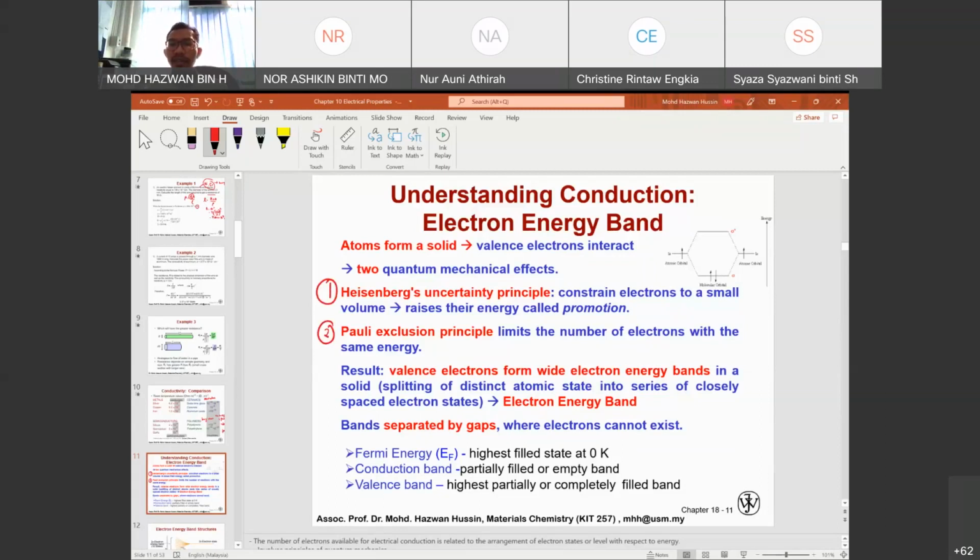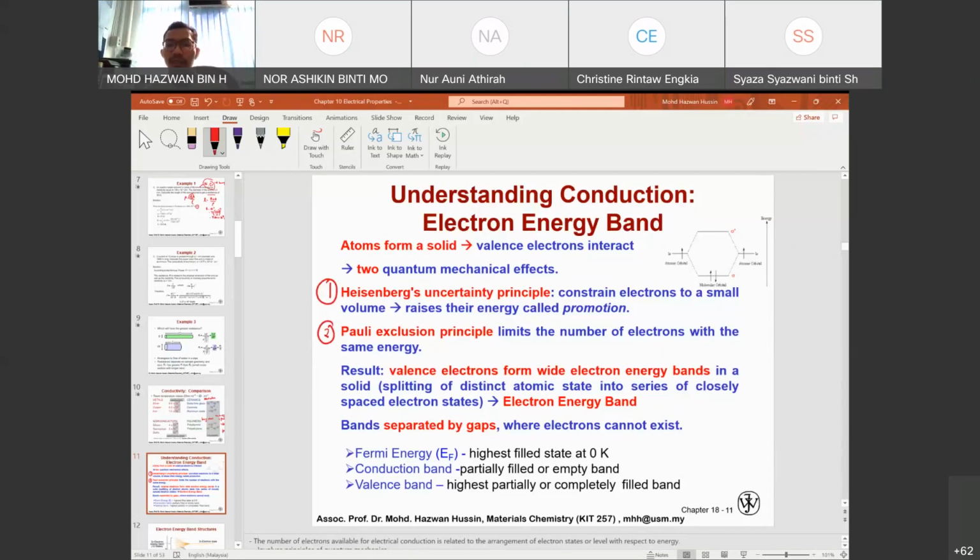Heisenberg says that each and every material has very finite electron volumes. And if it receives some external energy or some disturbance from outside, the electrons tend to migrate from one orbital to another orbital. So this rise of energy is called promotion.